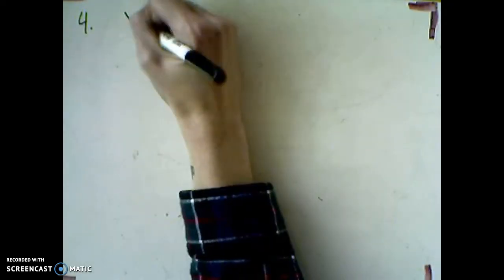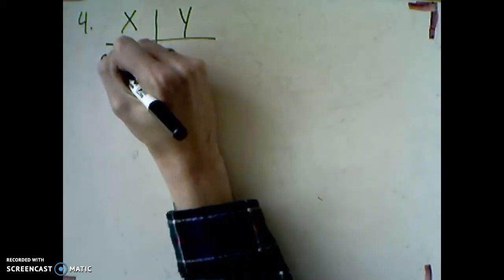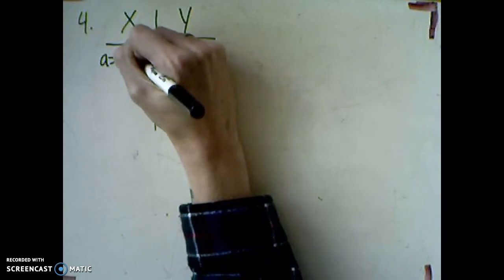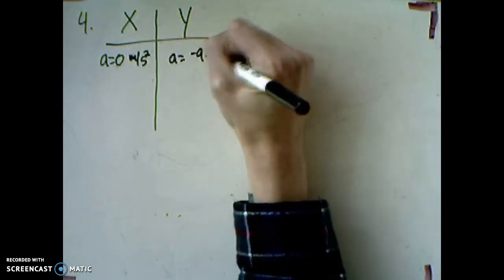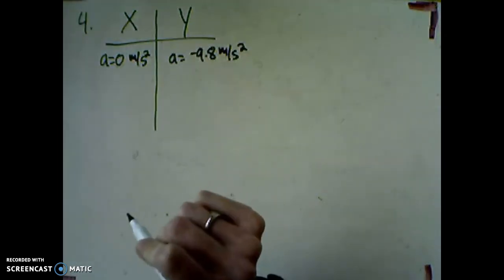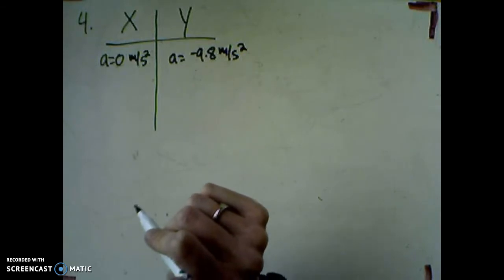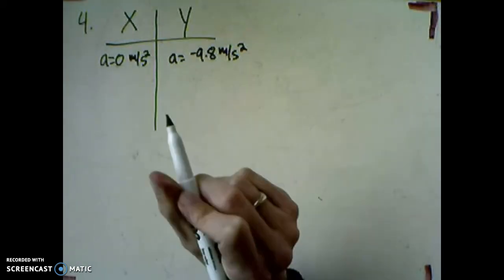All right, so let me make my variable list here. X, Y. Start as usual with 0 meters per second squared in the x direction and negative 9.8 meters per second squared in the y direction. I know a couple of other pieces. It tells me east. That velocity was east.